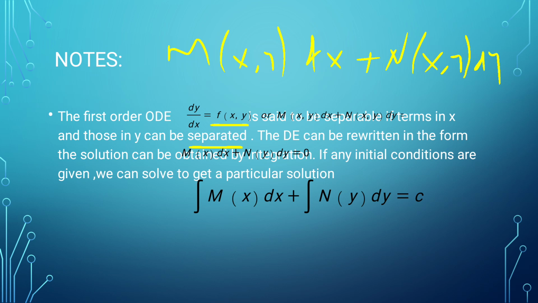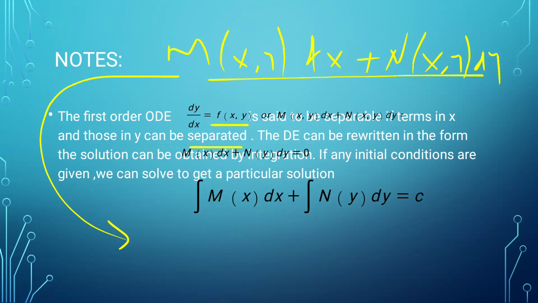The DE can be rewritten in a form whose solution can be obtained by integration. So you can now rewrite this form into this particular form here. So we have separated now.